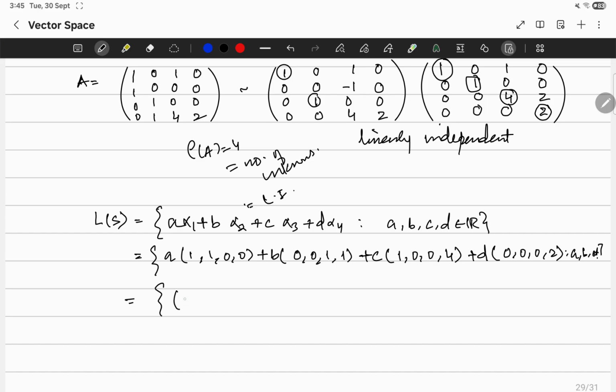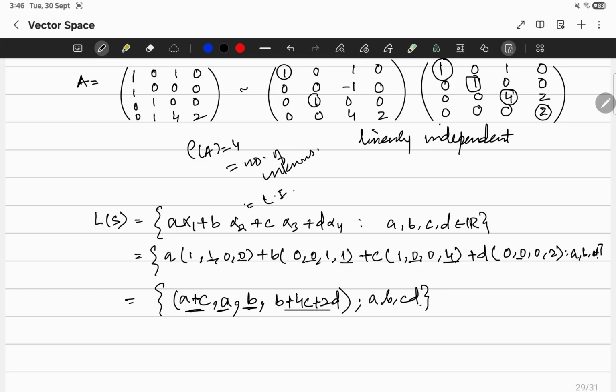You will get a plus c, then a, then b, then at the end b plus 4c plus 2d. So this is the linear span. You can check already these are linearly independent, so you will get the unique solution for a, b, c, d.